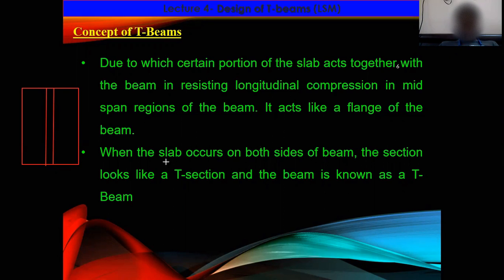On both sides of the beam, the section looks like a T section, and the beam is known as a T-beam. So this can be designed as a T-beam, right?